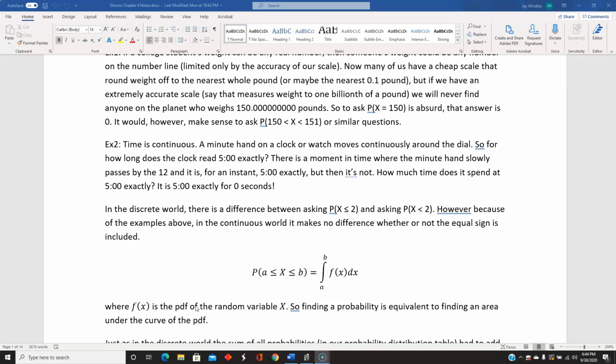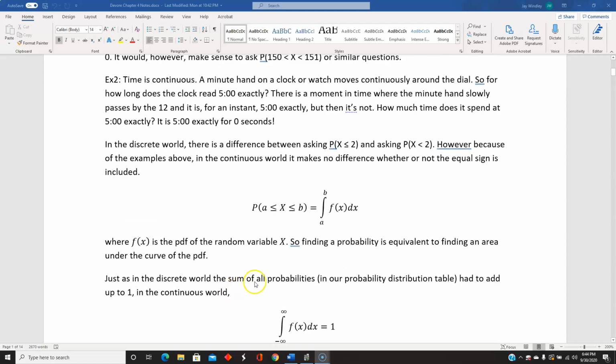In the continuous case, the PDF tells you the height of the probability curve, but you have to integrate that curve in order to figure out a probability. So you're going to hear the term probability and the term area used interchangeably.